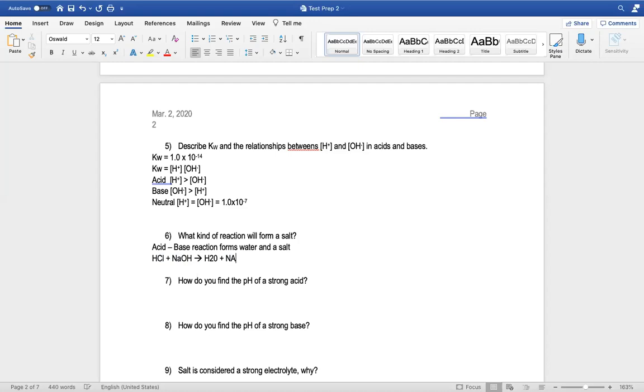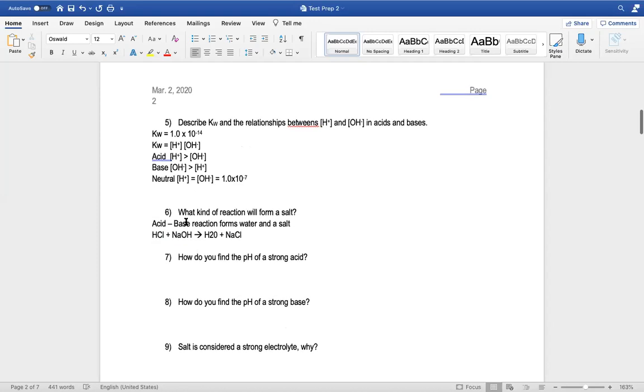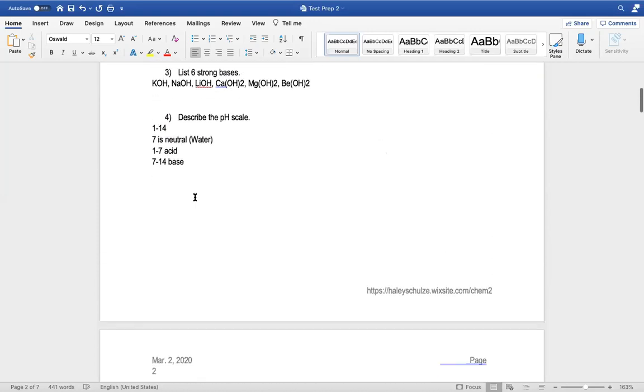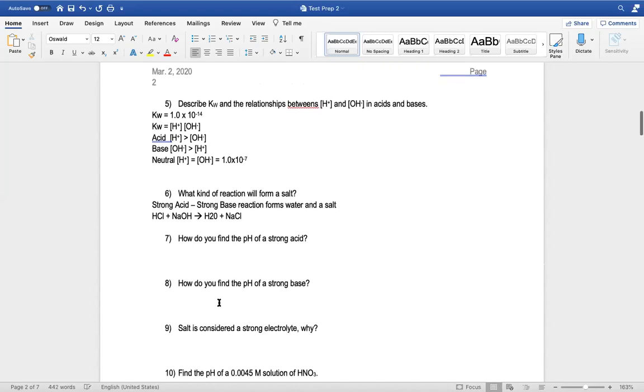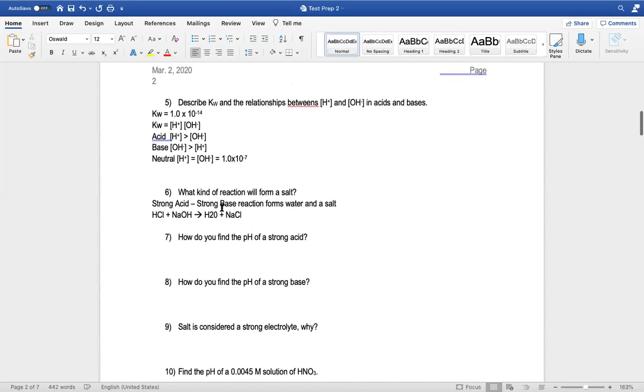So it gives you sodium chloride, which is table salt. And that reaction works with any of the strong acids and strong bases. Actually, no, I'm not going to say that because weak acids and weak bases also form salts. So I'll leave that.